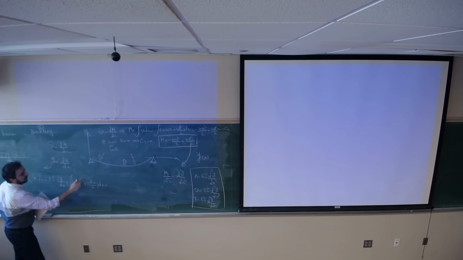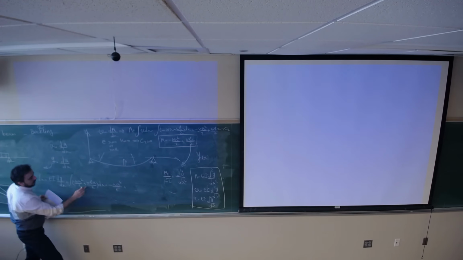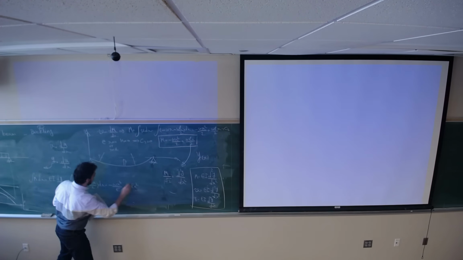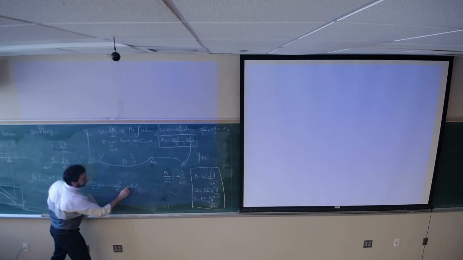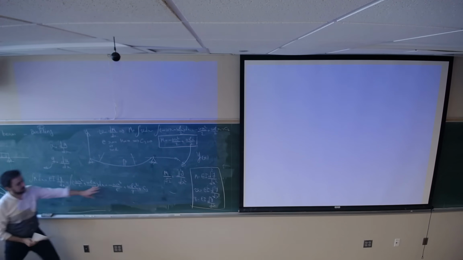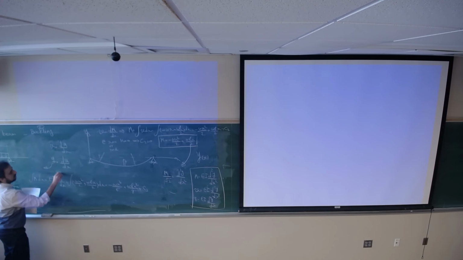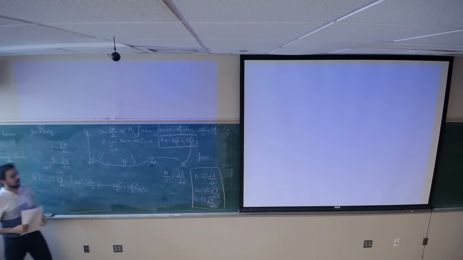Just put the integration here. x squared is going to change to x to the power of 3, plus wL x squared divided by 2 times 2, which is 4, plus C3. This is EI times the slope. Slope of the beam is going to look like this.